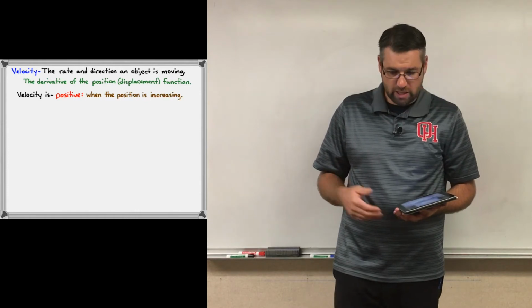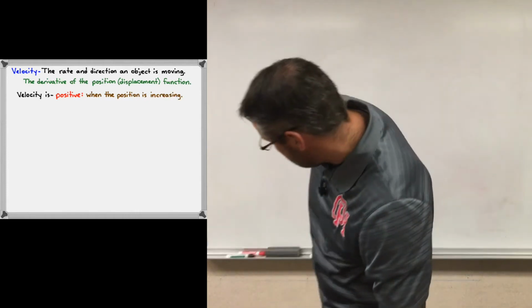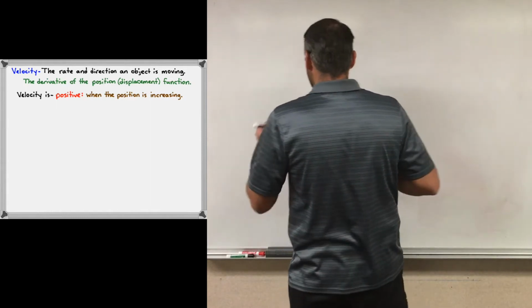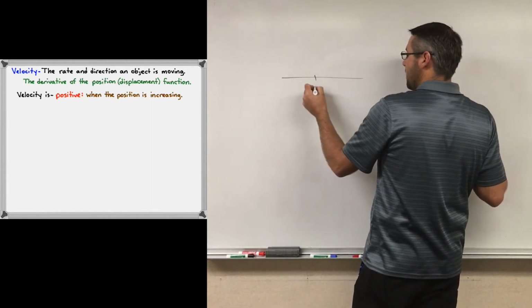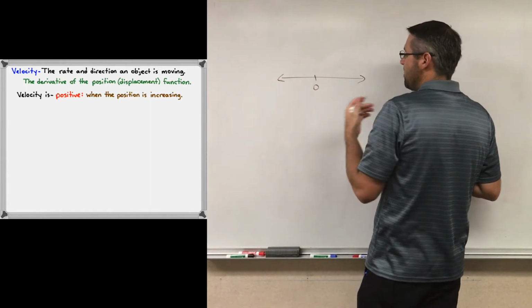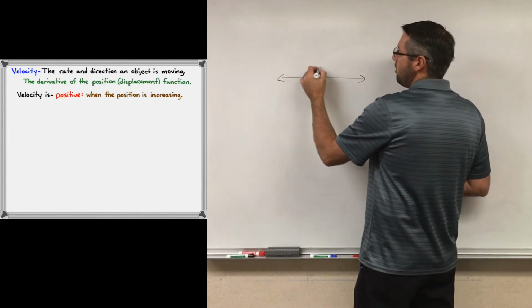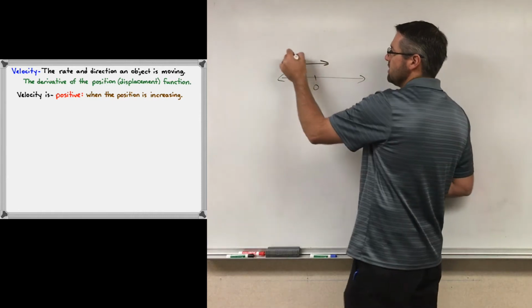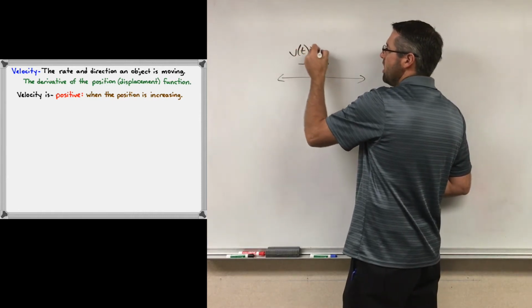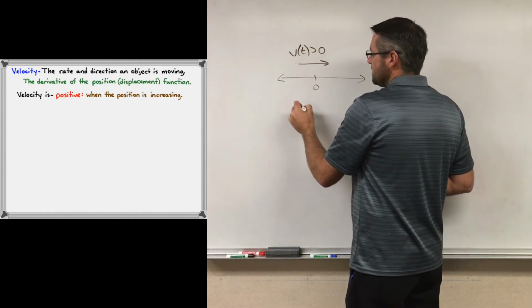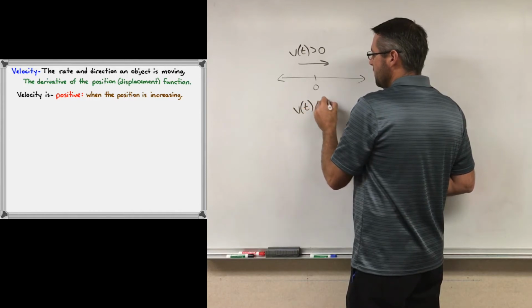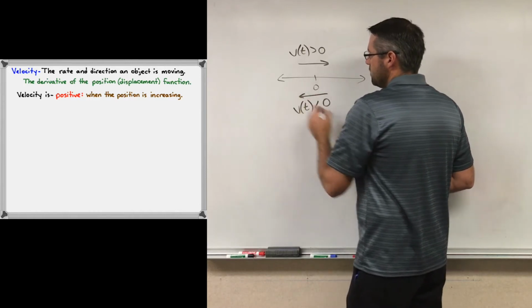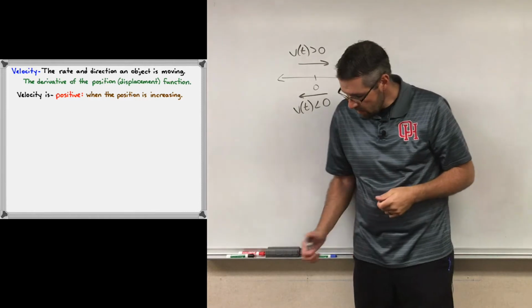Another way of looking at that is on a number line. If my velocity is positive, the particle is moving to the right. And if velocity is negative, that means we are moving to the left.